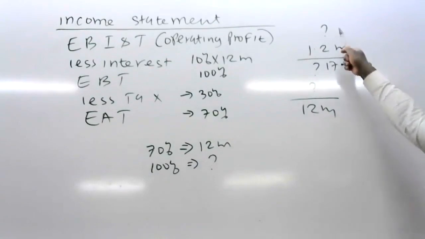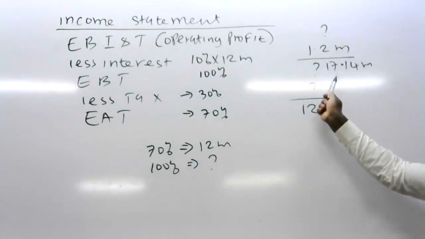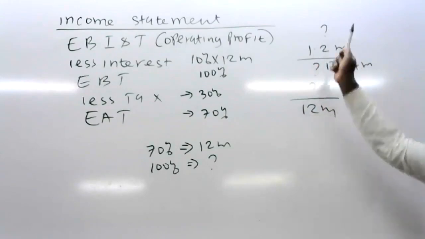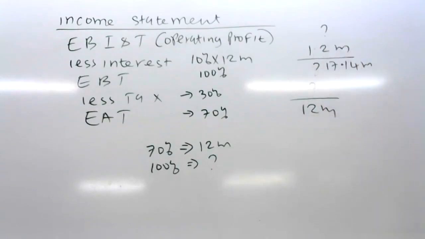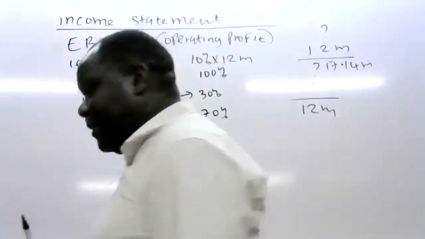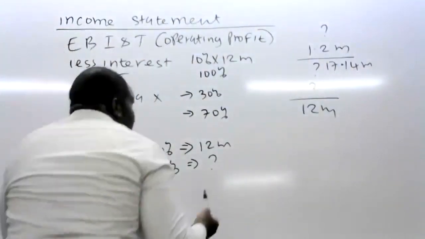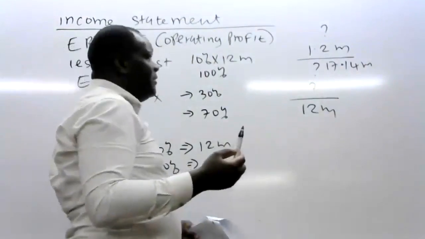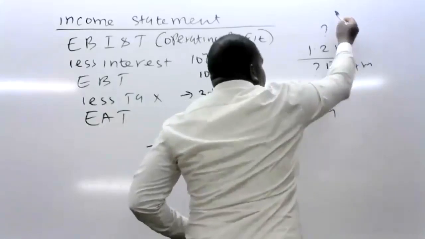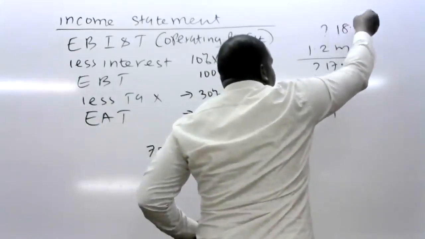So when I take this and subtract this, I get this one. To get that, I add this plus that to go back to that level. So this should now be how much? This will now be 18.34.